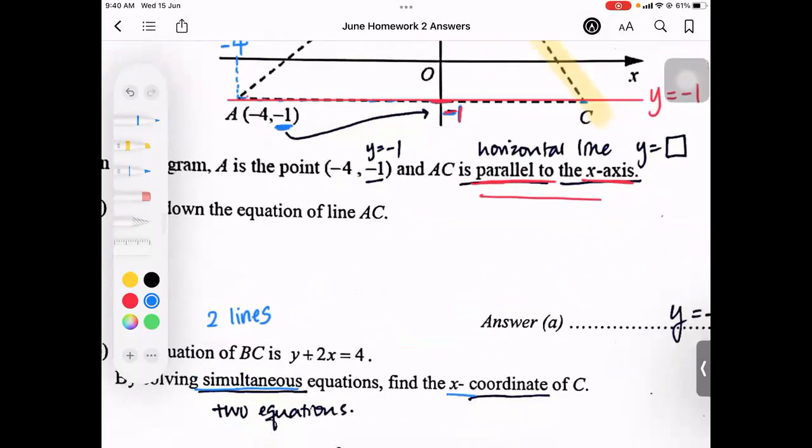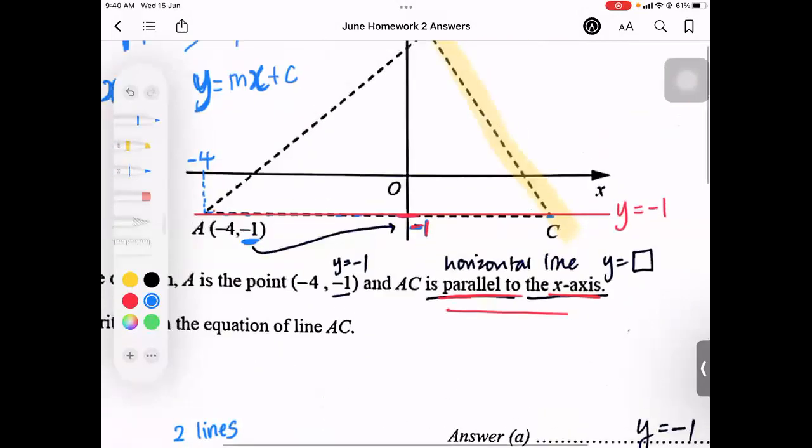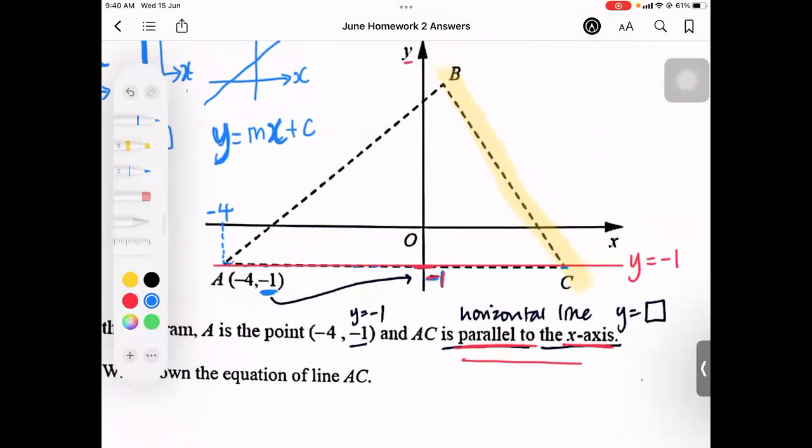And they want me to find the x coordinate of C. Which other line passes through point C? Which other line intersects with point C? A, the line AC. AC also passes through the point C, right? AC also passes through the point C, and the line BC also passes through point C. So they want me to solve simultaneous equation.